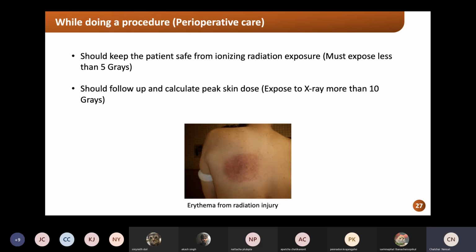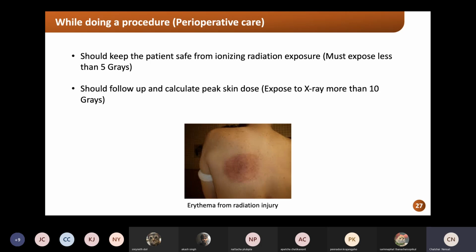And why do we talk about perioperative care? You should keep the patient safe from ionizing radiation exposure. In this case, we're not the authority to be concerned about this, but anyway the doctor will be concerned about ionizing radiation exposure, like must give less x-ray exposure to the patient, like using just less x-ray energy to get the image, something like that.